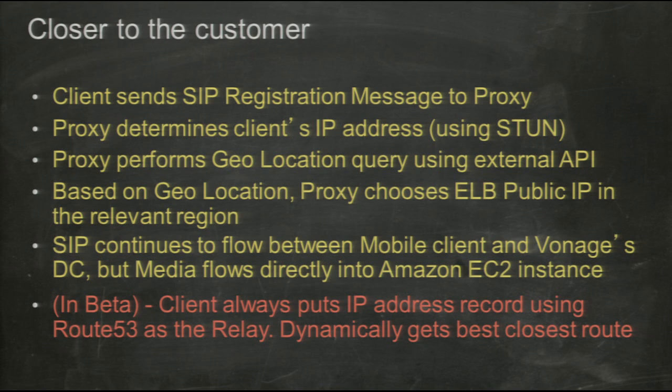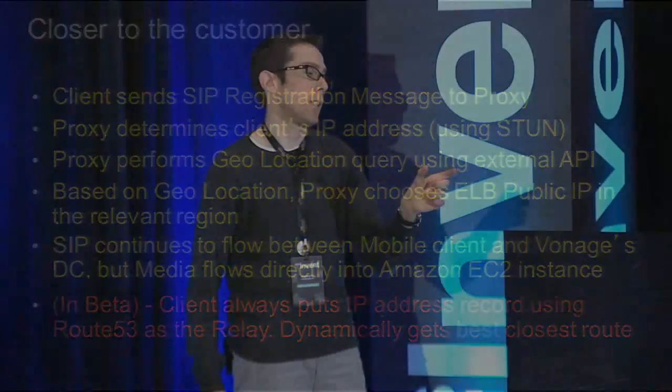So basically what we are doing is we are thinking about registering subdomains into Route 53, letting the client go and make that API query directly to Route 53, getting the relevant DNS entry, and then the DNS entry will be mapped to the ELB in the right zone, and getting the RTP packets all the way there using our relays.